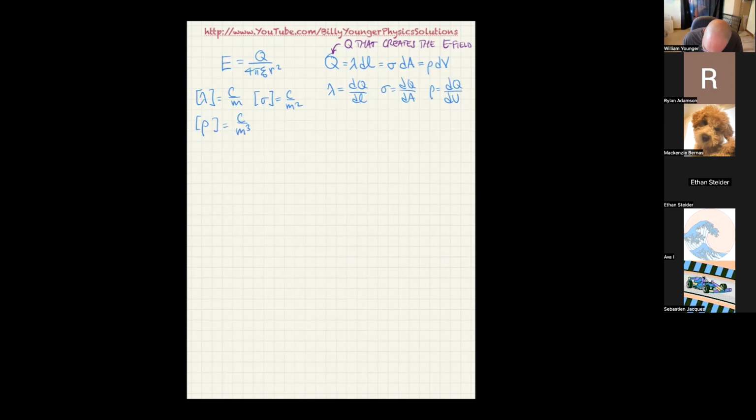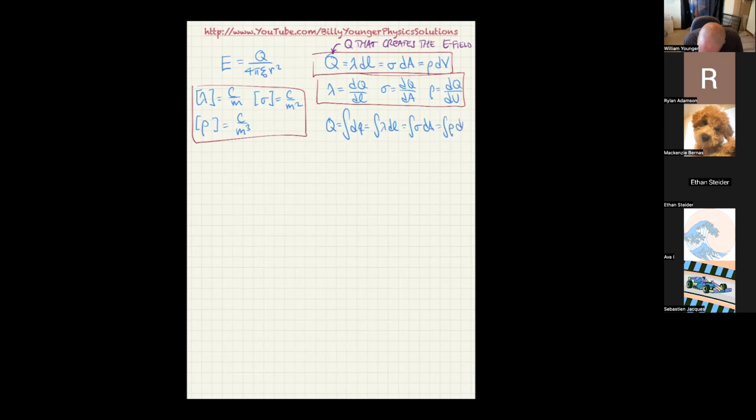So with all of this comes some special stuff. These equations are very important, but it also means q is equal to the integral of dq, which could be the integral of lambda dl, or the integral of sigma dA, or the integral of rho dV.